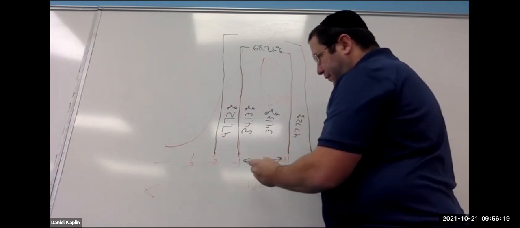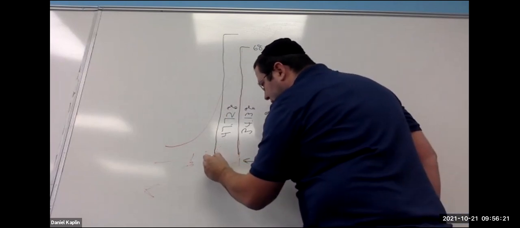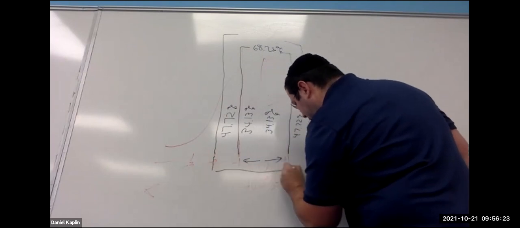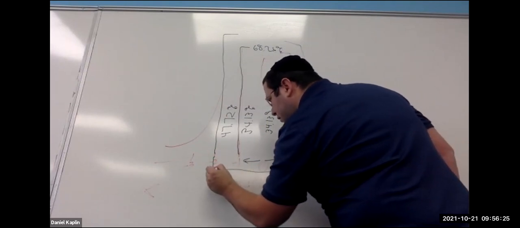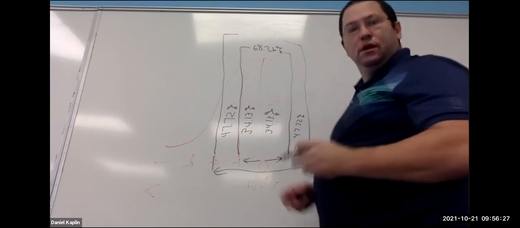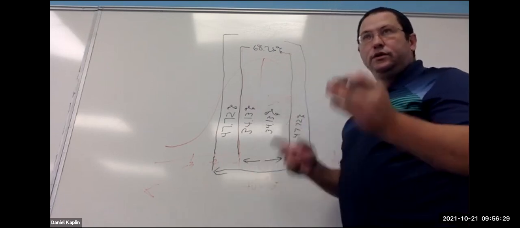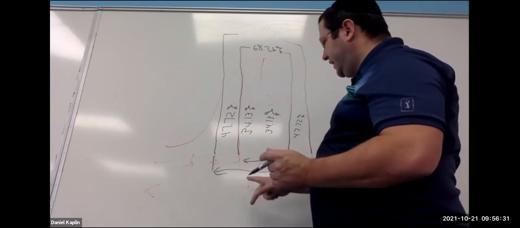Now, remember, what we're trying to figure out is the area under the curve between positive and negative two standard deviations.